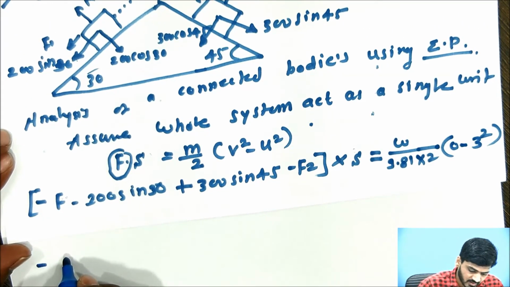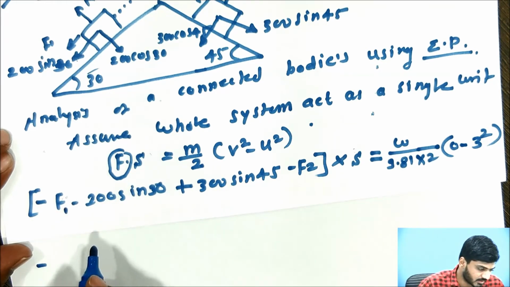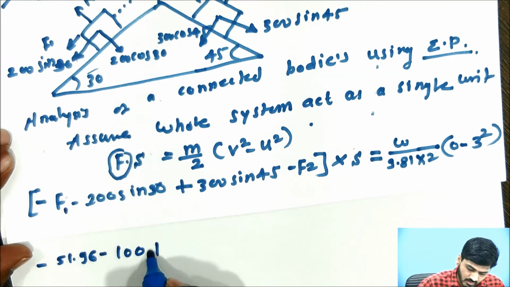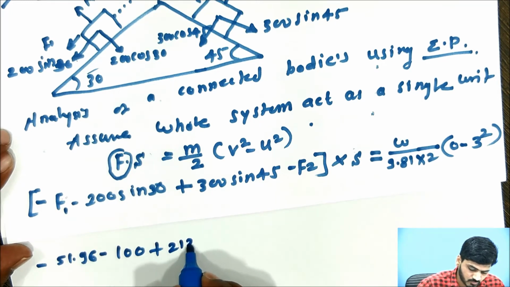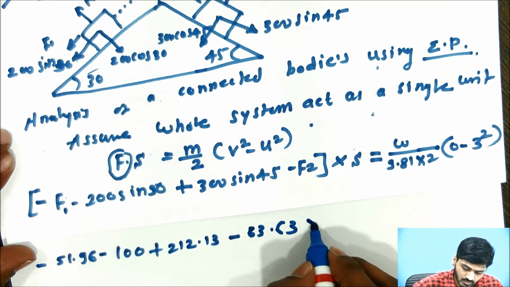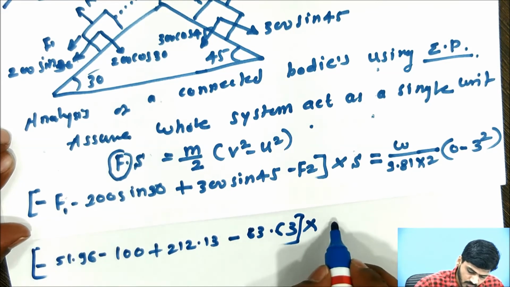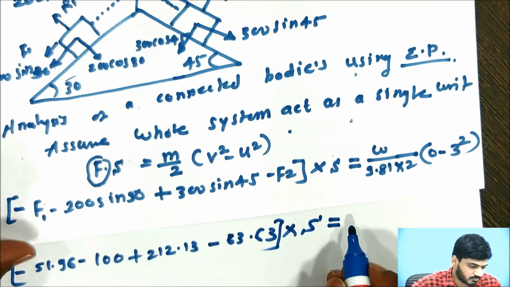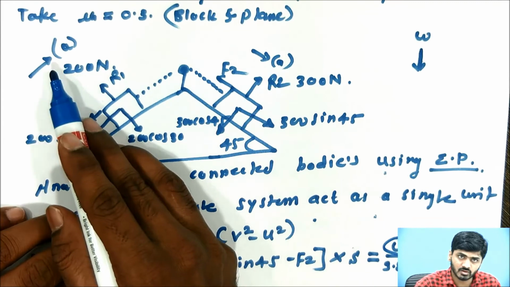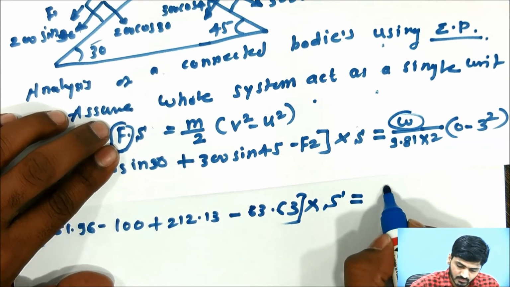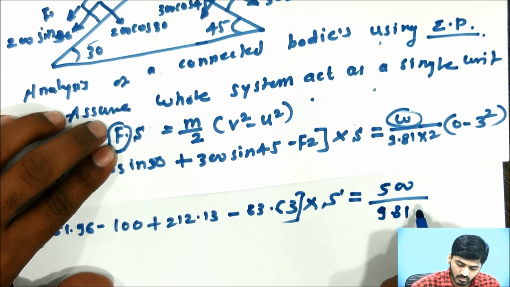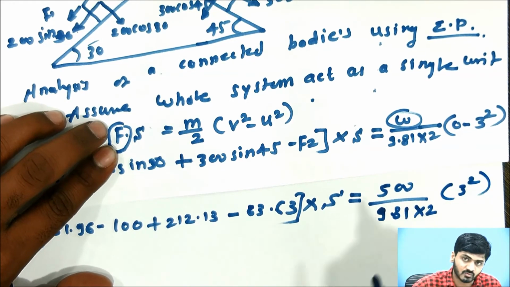So minus F1, F1 is 51.96, here 200 sin 30 comes 100, 300 sin 45 comes 212.13, minus F2 is 63.63, into S is equal to, so this W is nothing but the total weight, 300 plus 200, so total is 500, divided by 9.81 into 2 into 3 square.